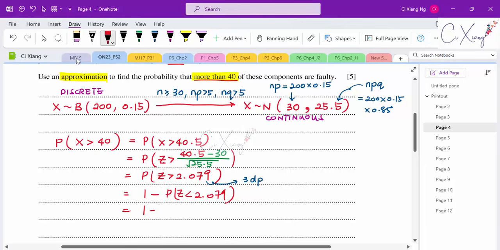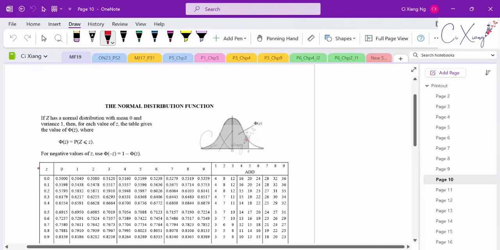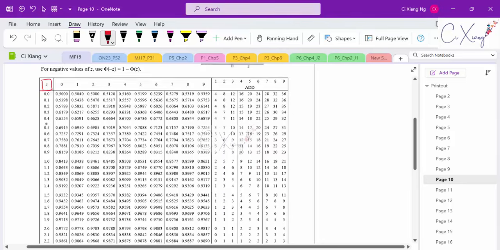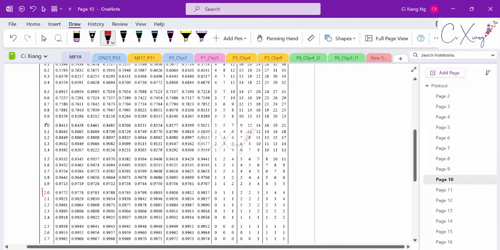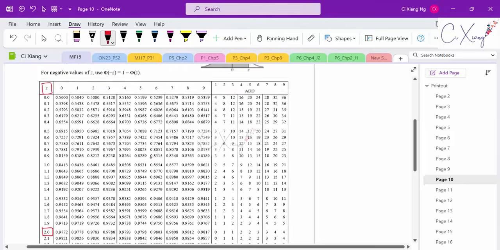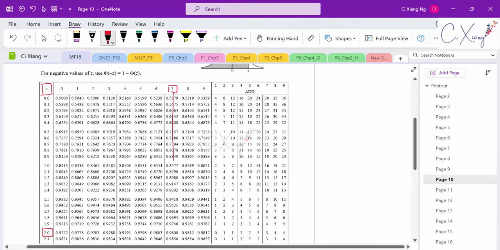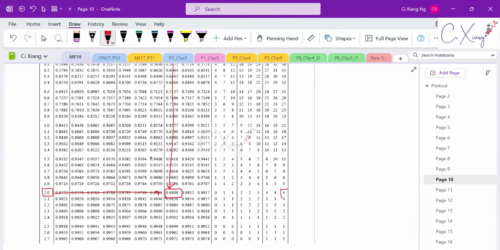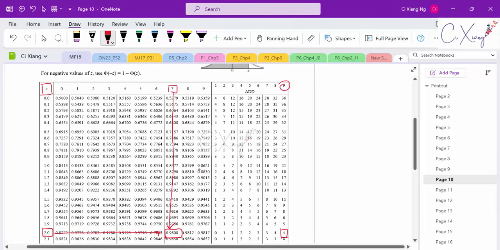We are looking for 2.079. Okay, so this is z, right? So you have to look for the value of z from here. What is the value? 2.079. You go for 2.0, then 7 is this one. So if you read the value here, it should be 9808. So 2.07, and I need a 9. So the 9 is here actually. Okay, so what's the meaning of the 4 here?